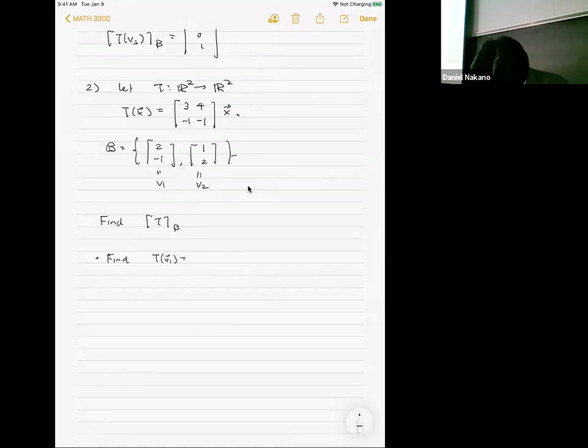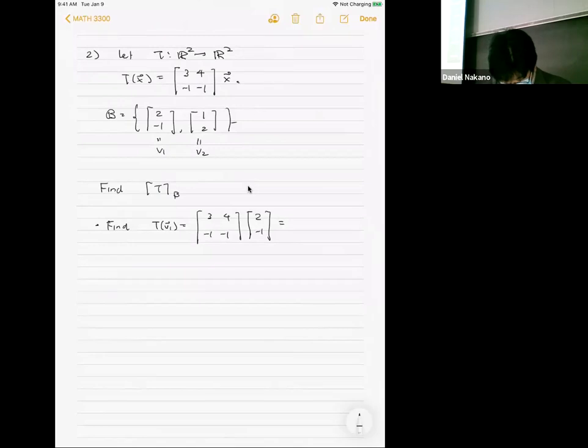That's going to be the matrix 3, 4, -1, -1 applied to 2, -1. So that's going to be 6 minus 4, which is 2, and then I have -2 plus 1, that's -1. Oh, it looks like this is an eigenvector.